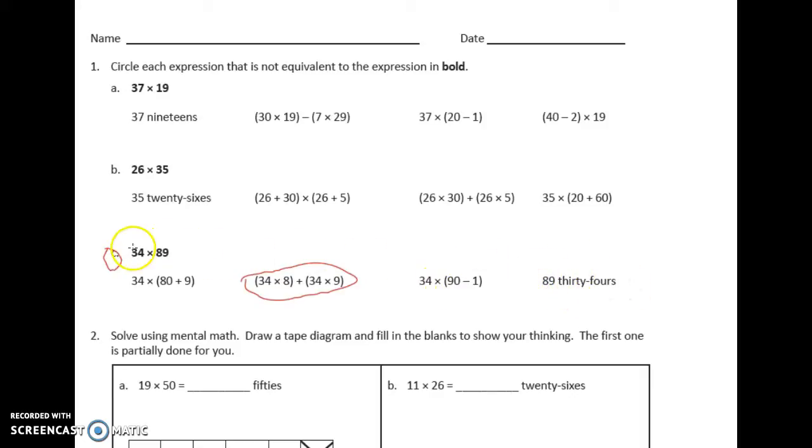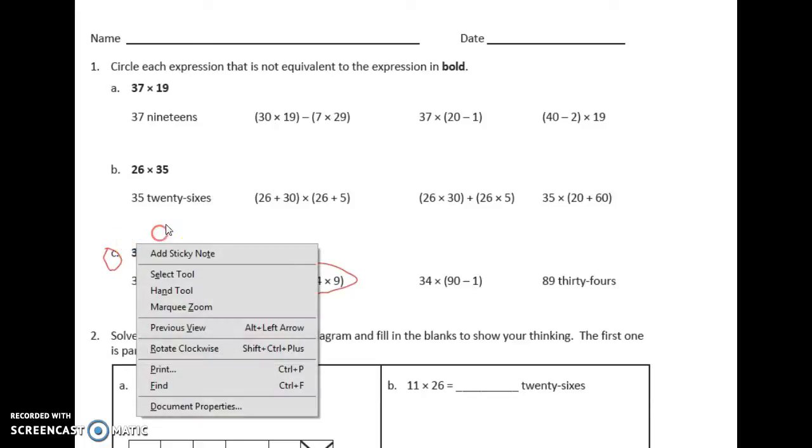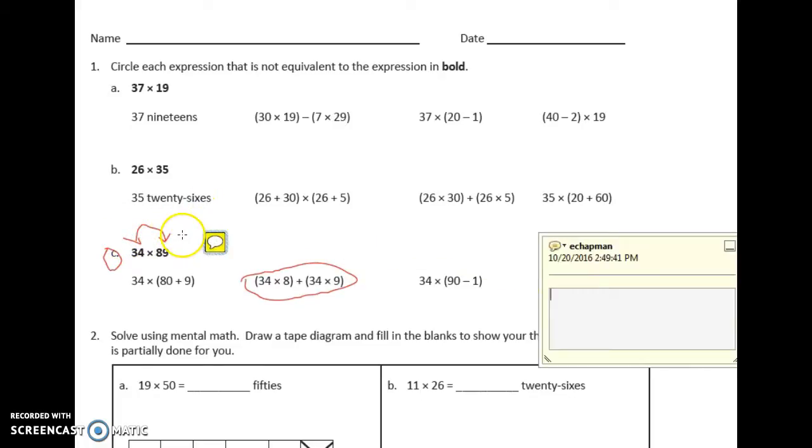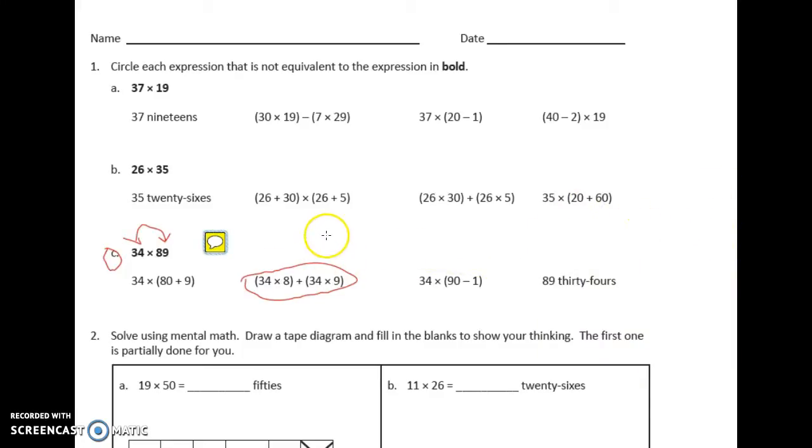89 34s, that's equivalent because you know that we can alternate these, right? And go 34 times 89. It's the same as when you say, for example, if we have 3 times 4, 3 times 4 is the same as 4 times 3.